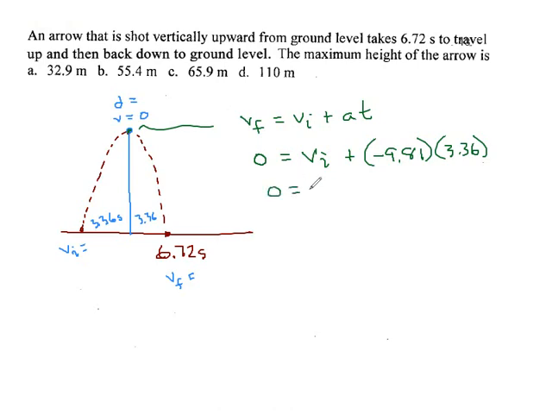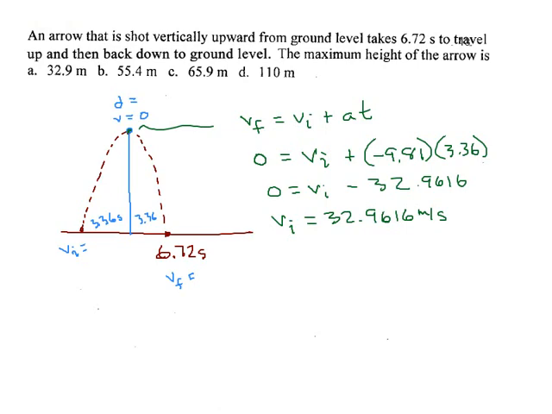So we get 0 equals Vi minus 32.9616. Take this to the other side, and we get Vi is 32.9616. Okay, so that's our initial velocity.